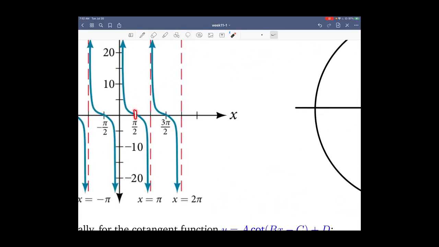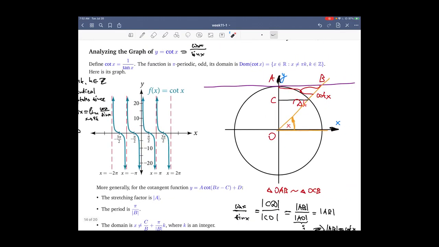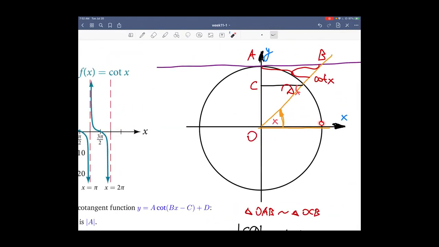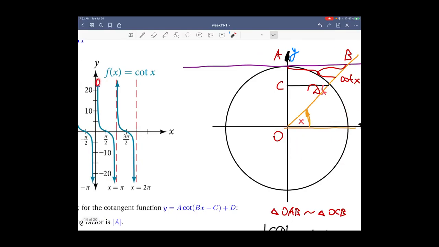So what happens with cotangent in the first quadrant? Let's think. Let's say we start here with very, very small positive x's in the first quadrant. For very, very small positive x's, cosine is close to 1, sine is positive and close to 0. The ratio is huge and positive. Cotangent here is positive infinity.